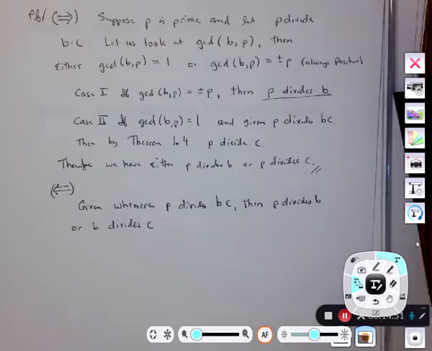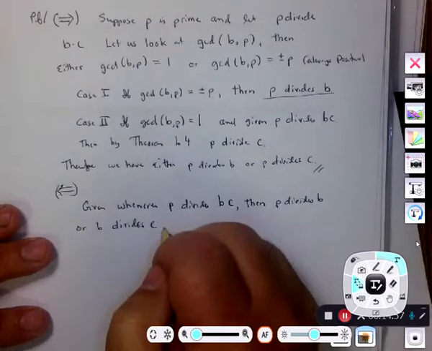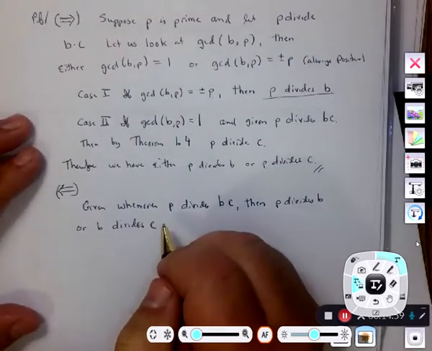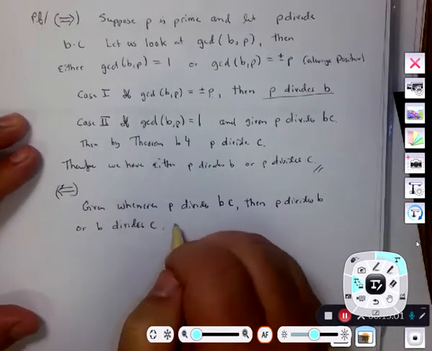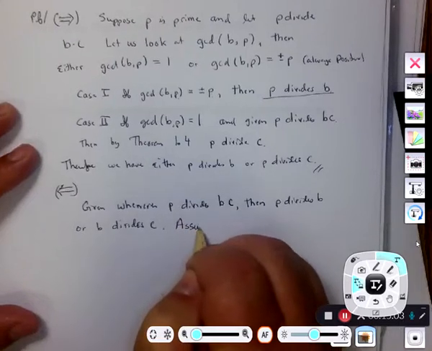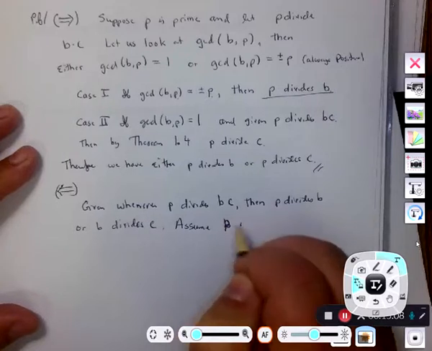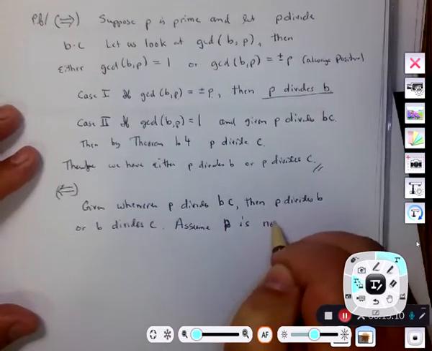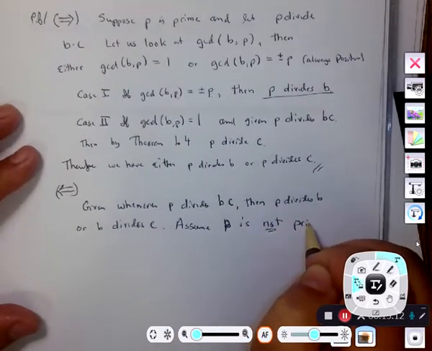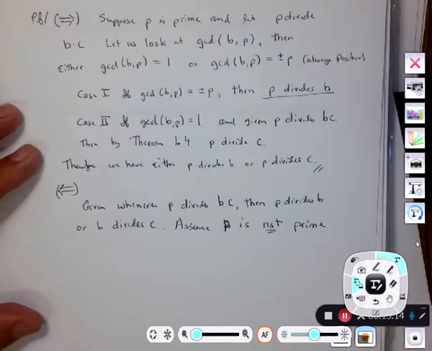The old, if P implies Q, that's equivalent to saying not Q implies not P. So I'm going to assume P is not prime.